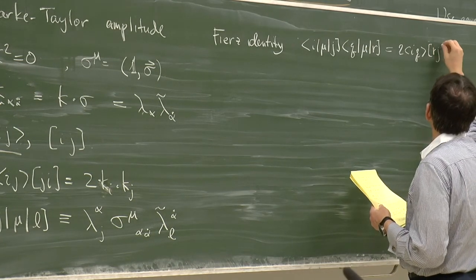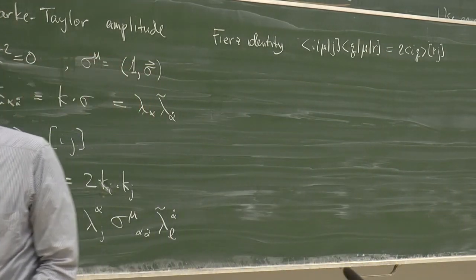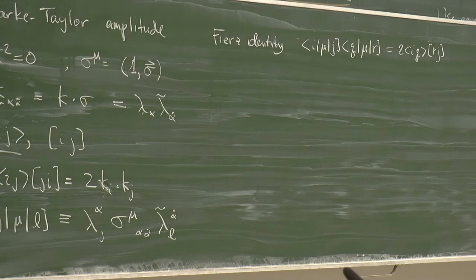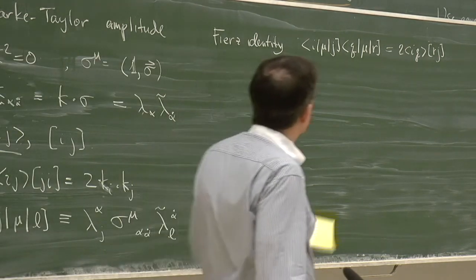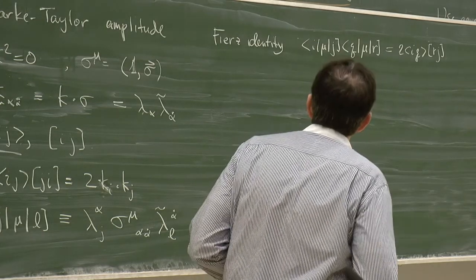It's the only real way of combining these spinors. Of course, this is a Lorentz invariant, so there are not a lot of choices. The main thing you have to remember is the normalization and the sign in front.